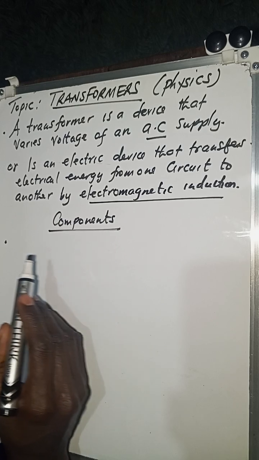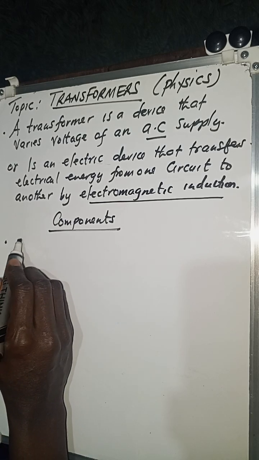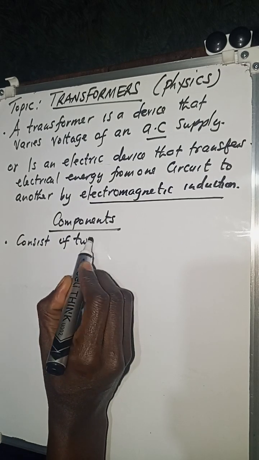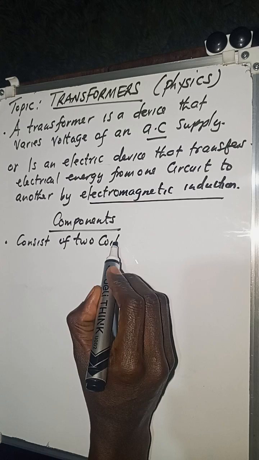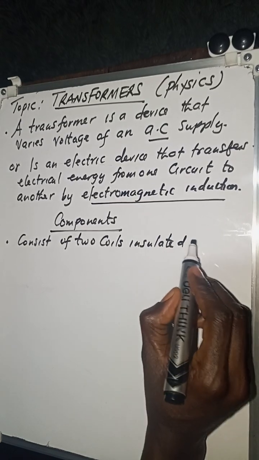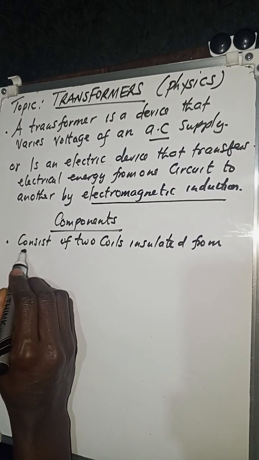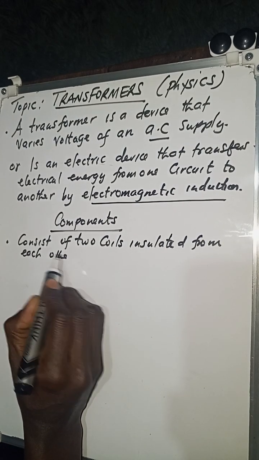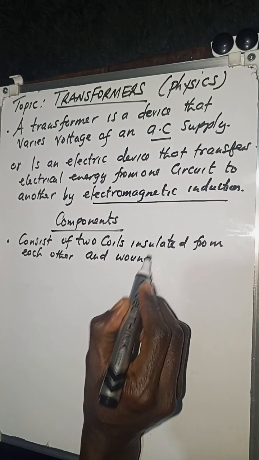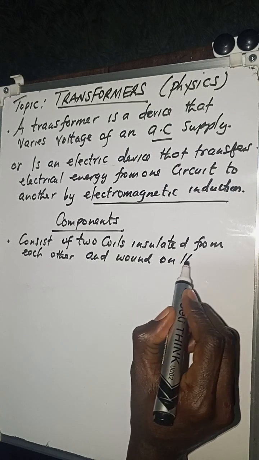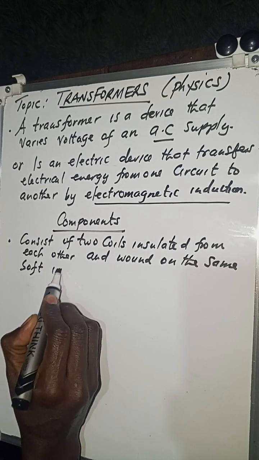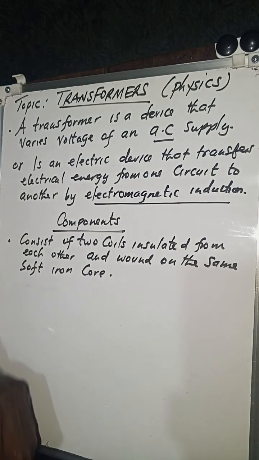So a transformer consists of two coils insulated from each other and wound on the same soft iron core. So that is what you need to remember.